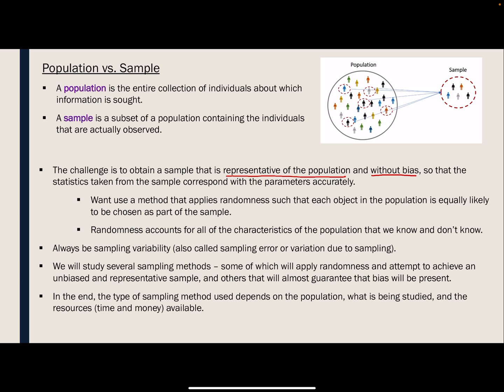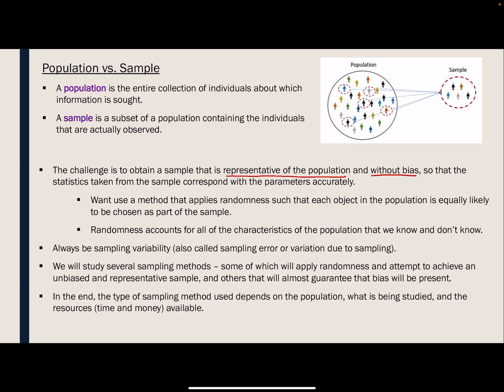And we want this because whatever statistics we gather from the sample, we want that to correspond accurately to the parameters of the population. So we want to use methods that apply randomness so that each object or person in the population is equally likely to be chosen as part of the sample.